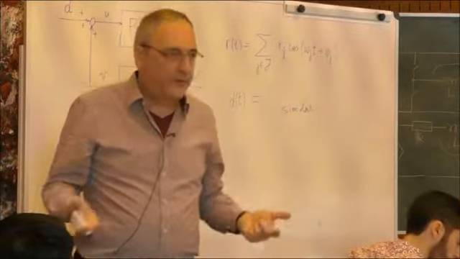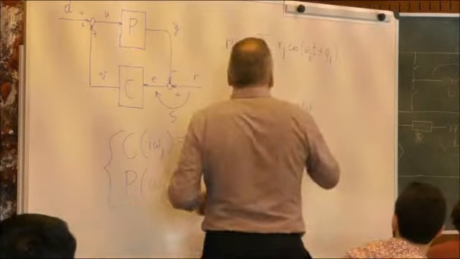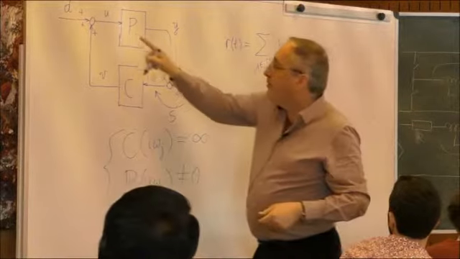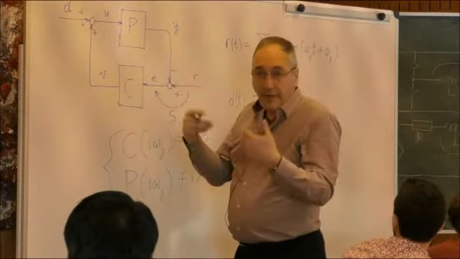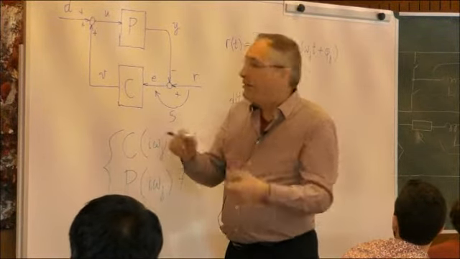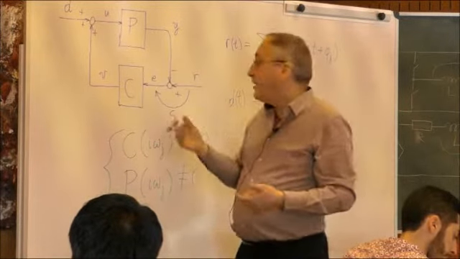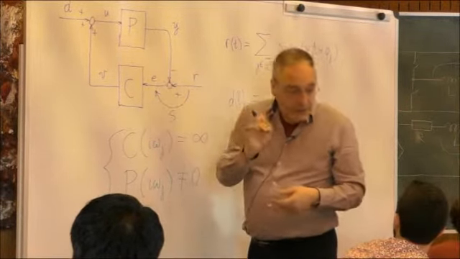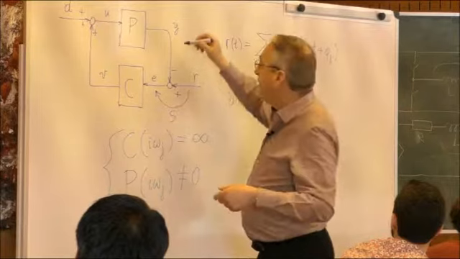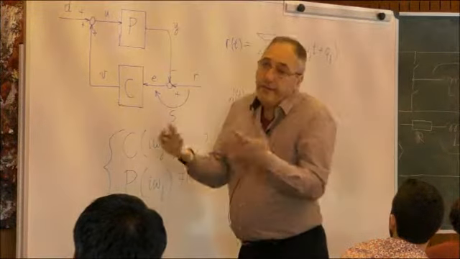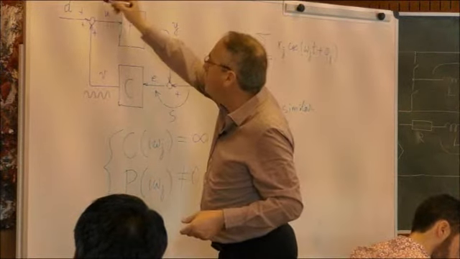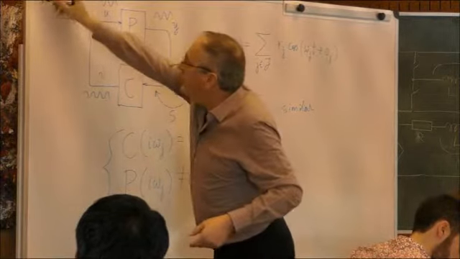Everybody knows that. So for each individual sinusoid alone, the response of all the signals would be a sinusoid of the same frequency, multiplied by the gain of the closed loop system at that frequency, which in the case of the tracking error would be 0. In the other cases, Y, U, and V, it's not 0. So there will be a sinusoidal oscillation here and here and here.